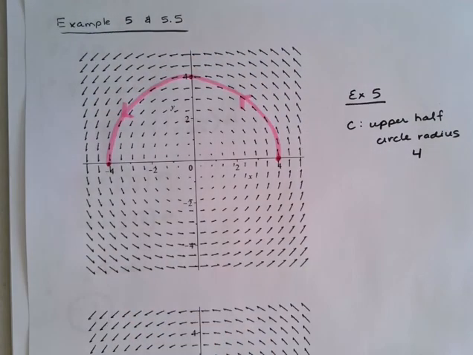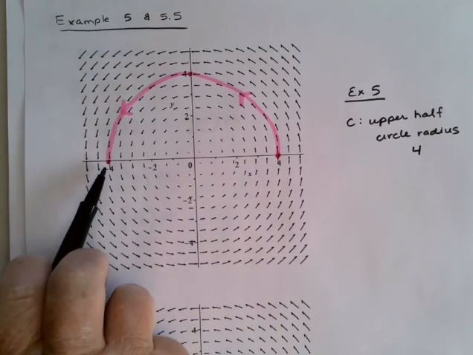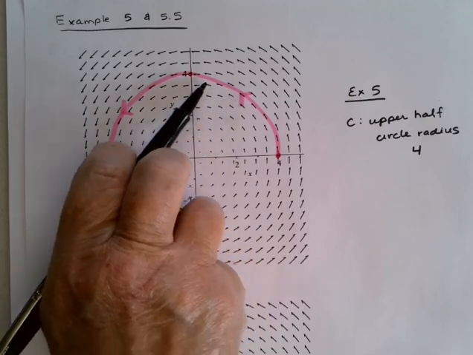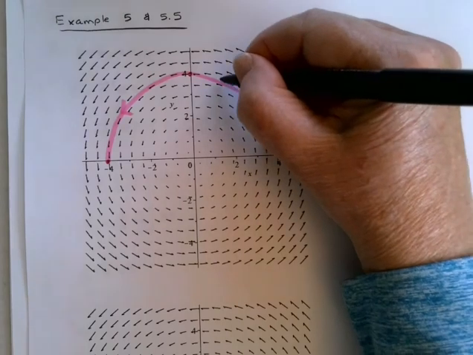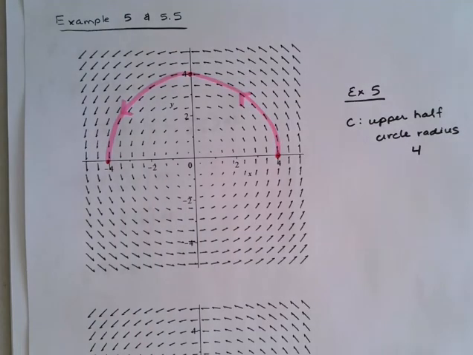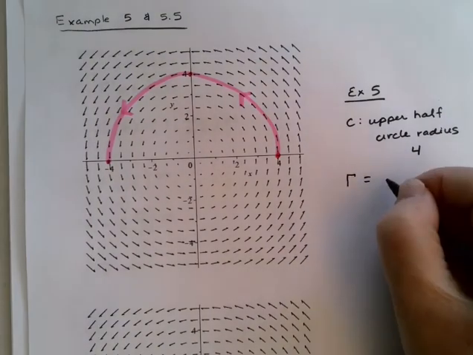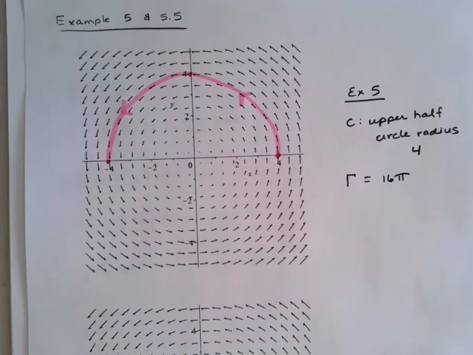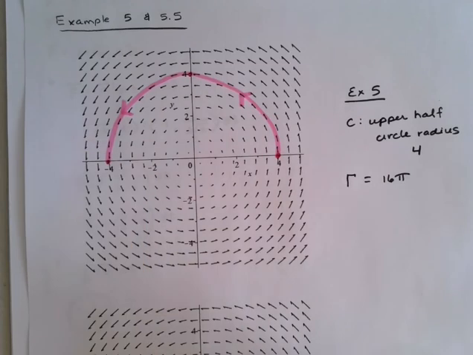We're traversing counterclockwise. What I'm hoping you can see here is that if I'm trying to go from here to there along that semicircle, this vector field is giving me a lot of help. In fact, it couldn't hardly help more. It follows my direction of motion perfectly. And so my integral, the circulation that we calculated, was 16 pi, a fairly large positive number. The vector field is giving me a lot of help as I move along that path.